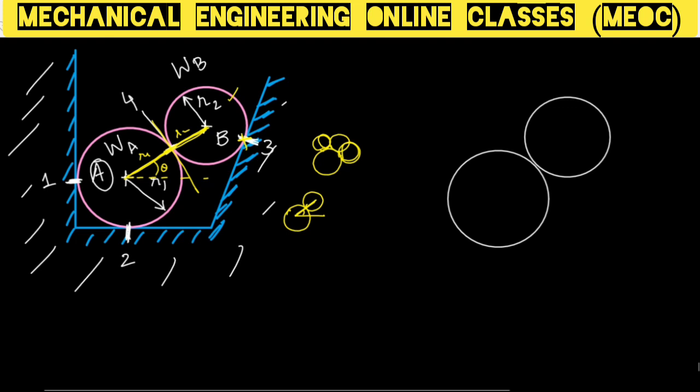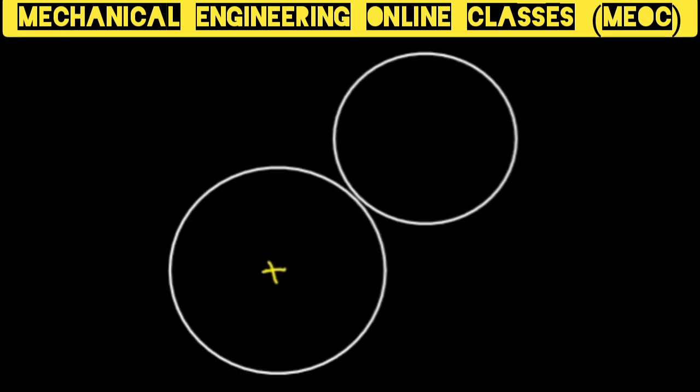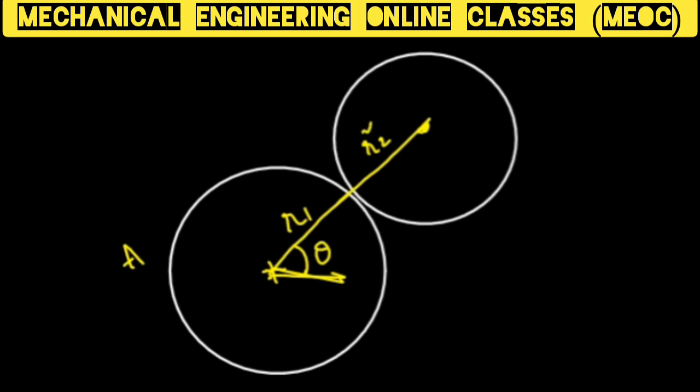So here I have to take care of this theta. Accordingly, once I draw cylinder A, I will draw a horizontal, draw a line at theta, and extend it along R1. I will measure R2, find the center, then using this center and this radius I will draw circle B.